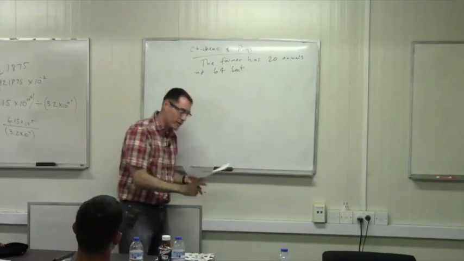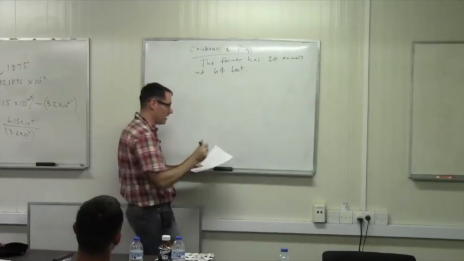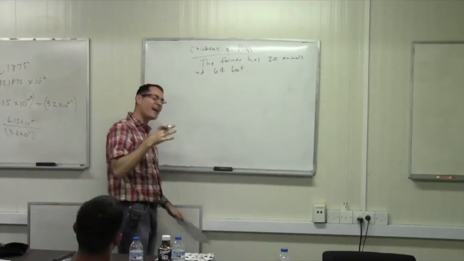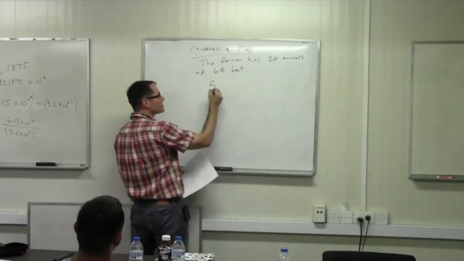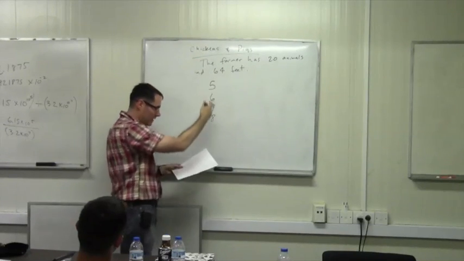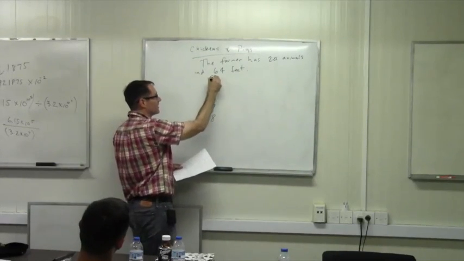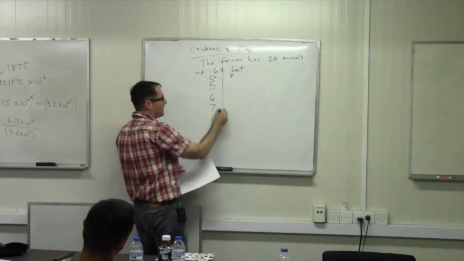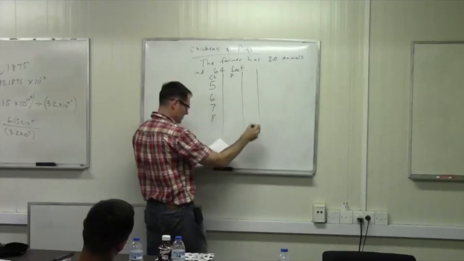A third way to do it, let's make a table. Okay? A table. Let's say that you started out the table. This is kind of like the guess and check method, but let's just start in the middle somewhere. 5, 6, 7. You could do this for as many. You could write down all the number of chickens. This is the number of chickens, and then we're going to have the number of pigs, right?